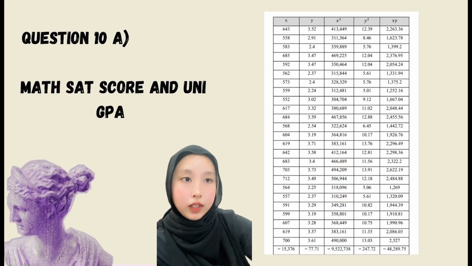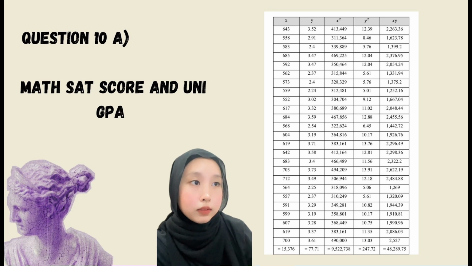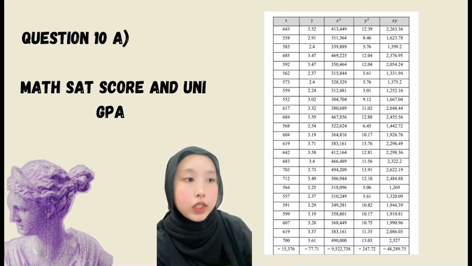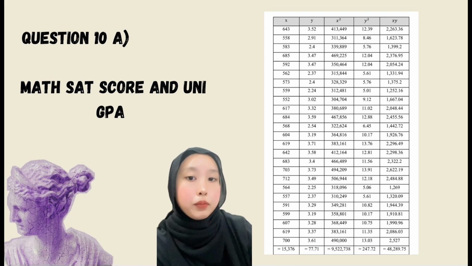Next, for question 10A, I need to find the Math SAT score and Uni GPA. I already list X2, Y2 and XY. XY is already given, so I just need to find the others and total up. That's the first step.